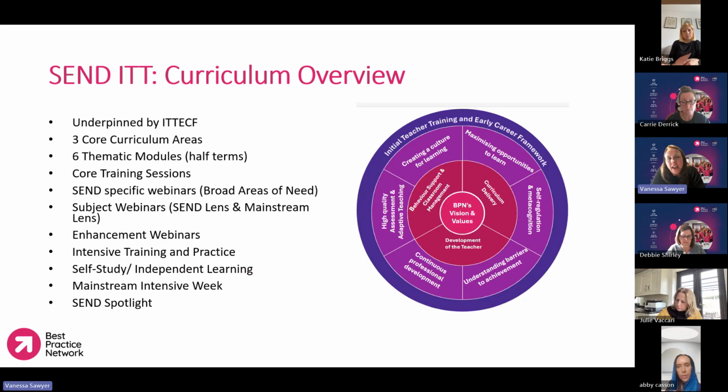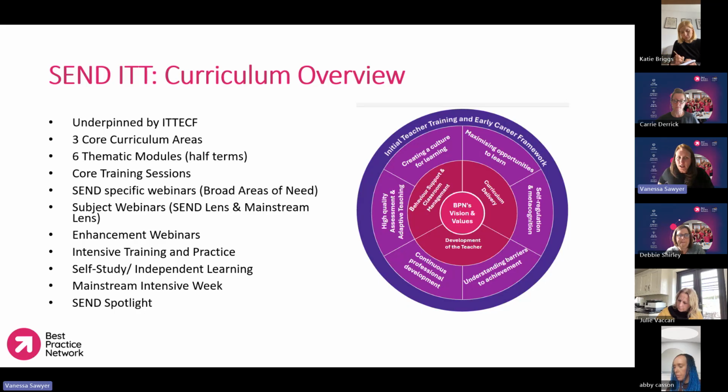But the aim of this programme is that the student teachers become SEND specialists. So we have to ensure that they have that broad coverage across all the areas of need. And likewise, we do have some points in the programme where they're able to develop their knowledge of other areas of need or other SEND schools to ensure that they are becoming those specialists.